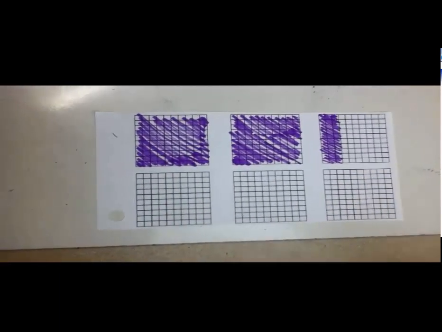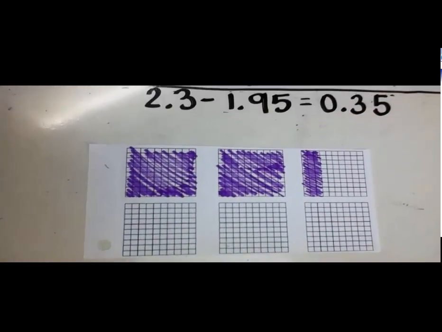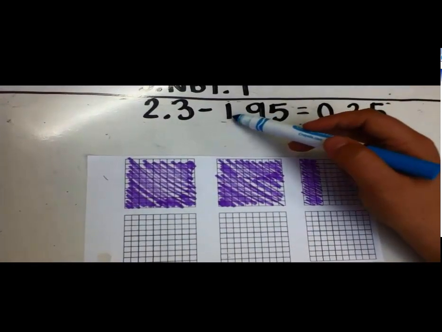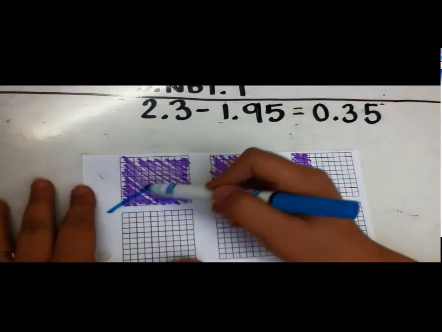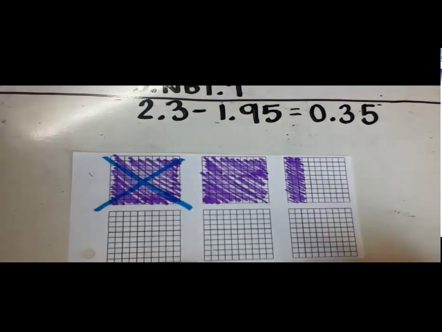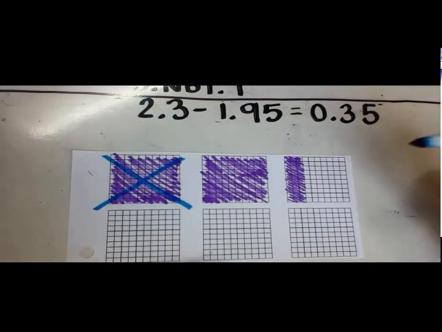And then what they do to show subtraction is we go ahead and cross off what we are subtracting or taking away. So first we would take away 1 whole. So I'm just going to put an X through 1 whole. That's been subtracted. Then we would have 9 tenths to take away.